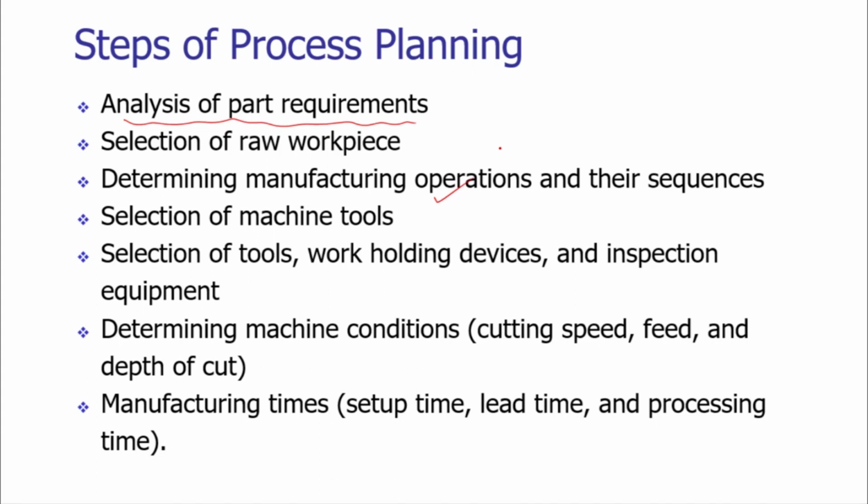For that purpose, they might have to carry out certain optimization as well. So: selection of raw material, raw workpiece, and determining the manufacturing operations and the sequence in which the operations need to be carried out.